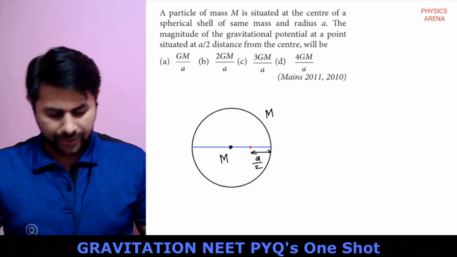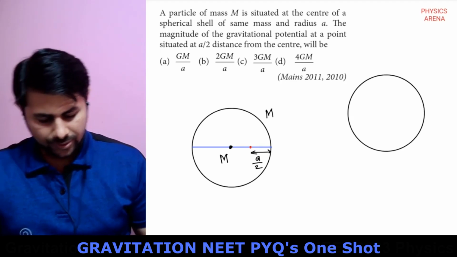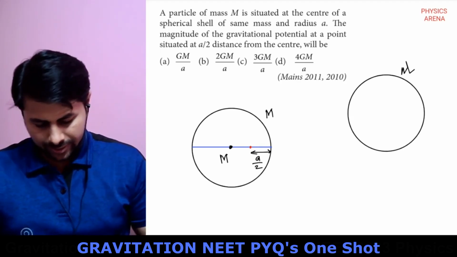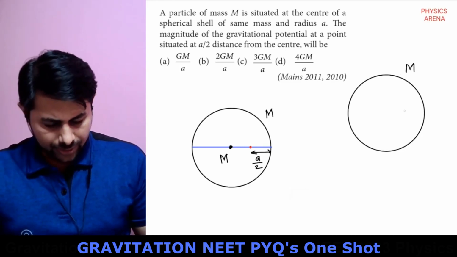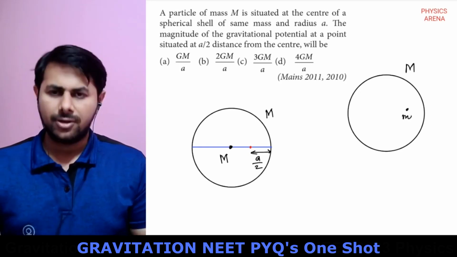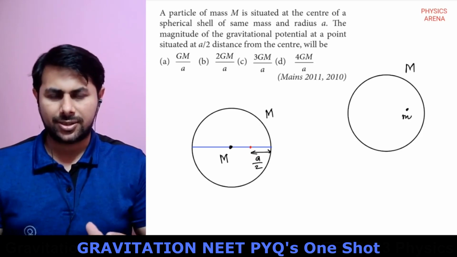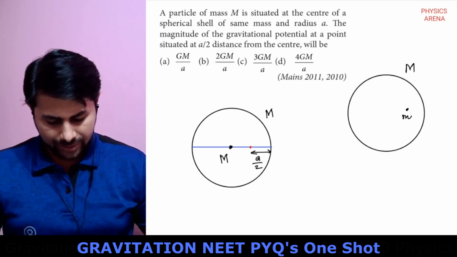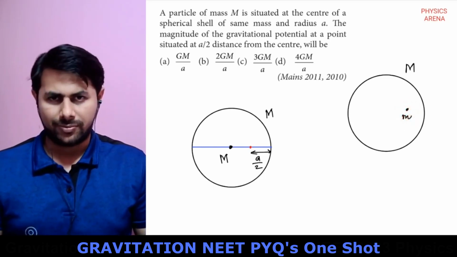Now see, if I take a spherical shell, its mass can be anything. Let's suppose there is a small mass m inside that shell. We know that the shell exerts no gravitational force on that mass, so the force is equal to 0.